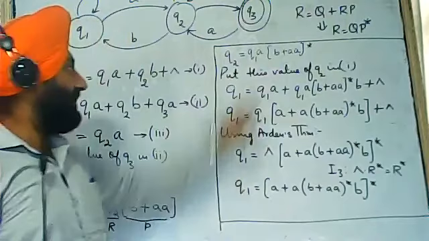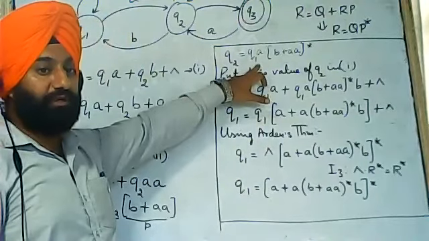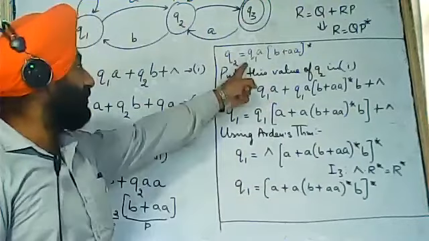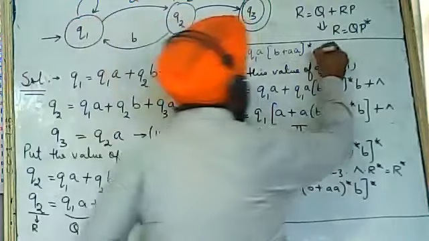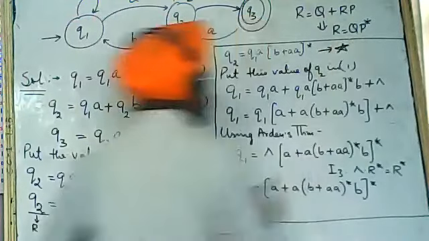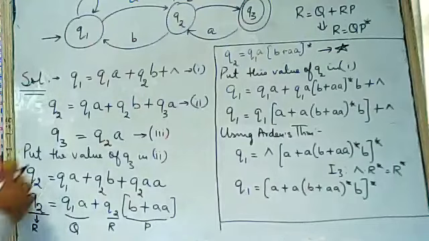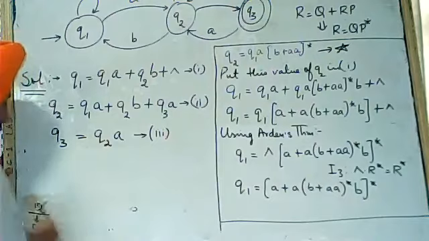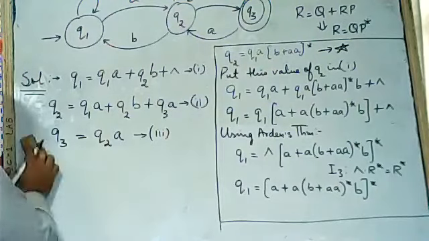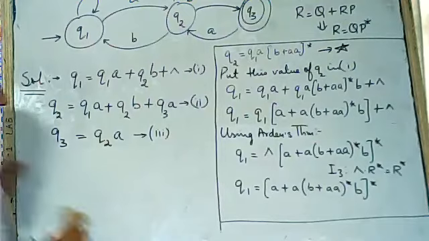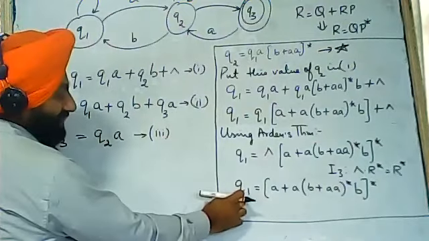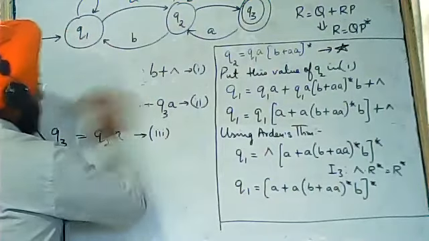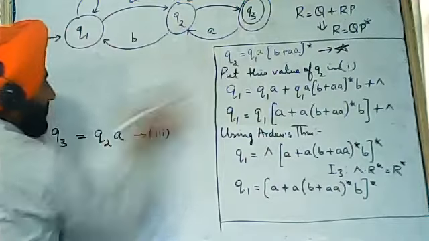Put this value in number 2. Put the value of Q1, which is free from states, into Q2, right? So mark this equation as star. So I am deleting this section. So what I am going to do is, now I am putting this value of Q1 in star.